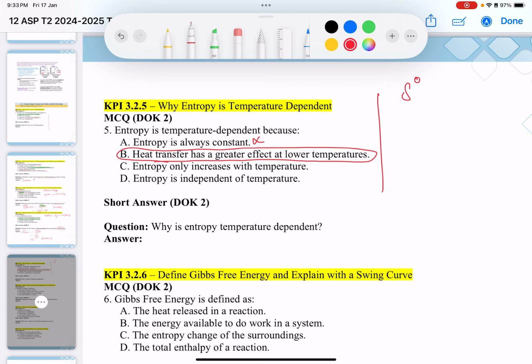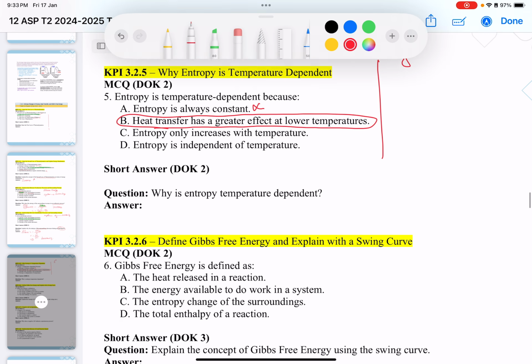Yes, whether the temperature increased or decreased, this will affect the entropy. So I would take choice B. If I give heat at lower temperatures, definitely entropy is going to change.